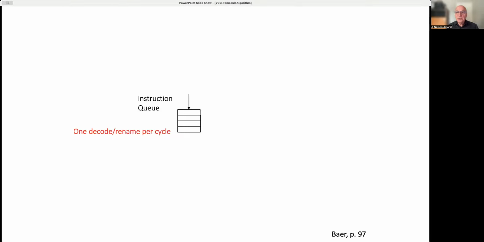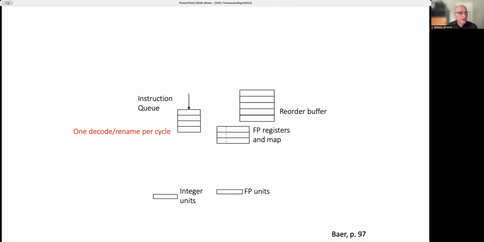This machine is able to do one decode and one renaming in each cycle of execution. There will be integer execution units and floating point execution units. And there will be a set of floating point registers and mapping. There will be no set of integer registers in this machine. And we'll see in a minute how this works.